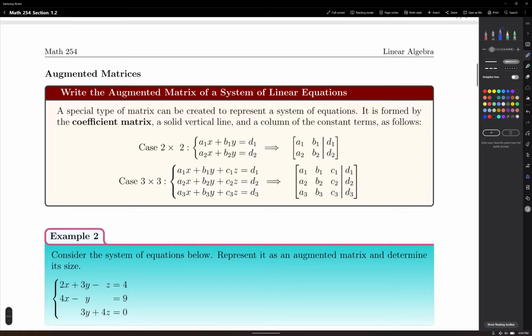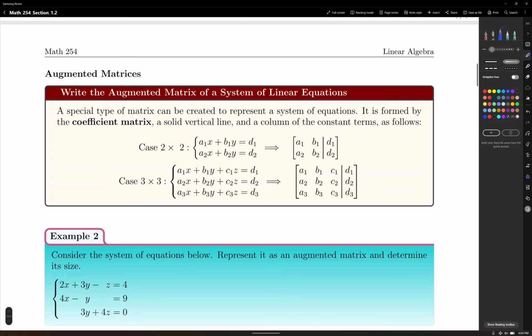I believe Larson's textbook also does, right? This denotes the equal symbol, and whatever is to the right of that vertical bar are going to be the constant terms of the system. Everything to the left is the matrix of coefficients, right? The coefficients of x, the coefficients of y, etc.